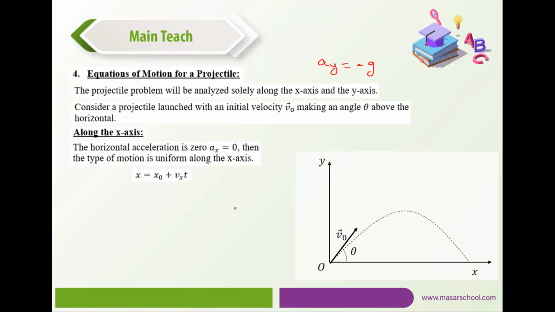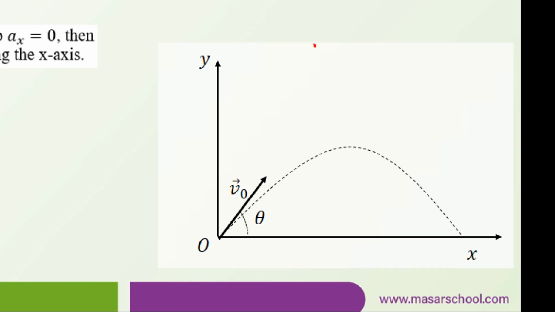What about vx? Vx is constant at all instants, but the only velocity that we know about is the initial velocity. So Vx is equal to Vx0 for all instants of time. What does Vx0 represent? It is the projection of V0 along the x-axis. And how do we project it or decompose it along the x-axis?